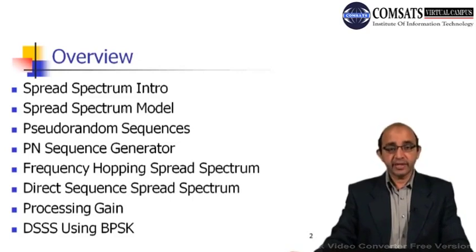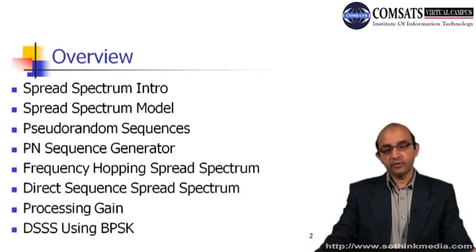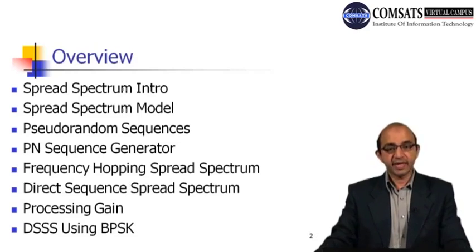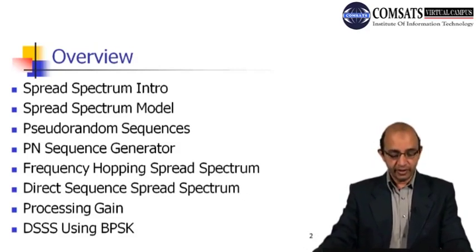And then the circuitry which is being used in order to generate PN sequence numbers, pseudo noise sequence numbers. And then we have two different types of spread spectrum. First one is direct sequence spread spectrum, and the other one is frequency hopping spread spectrum. So we will be talking about these two different types of spread spectrum techniques.